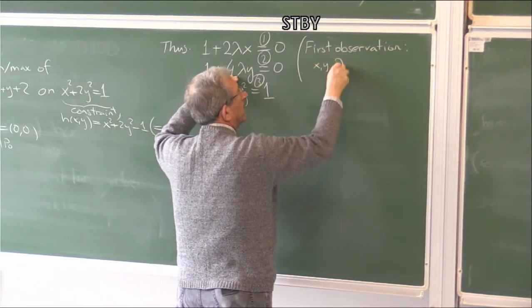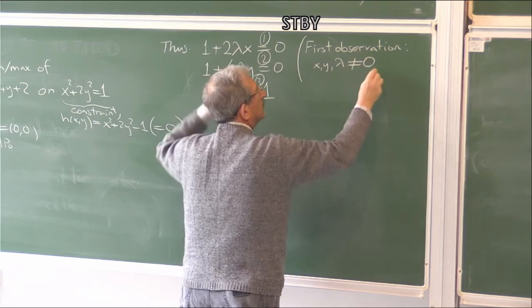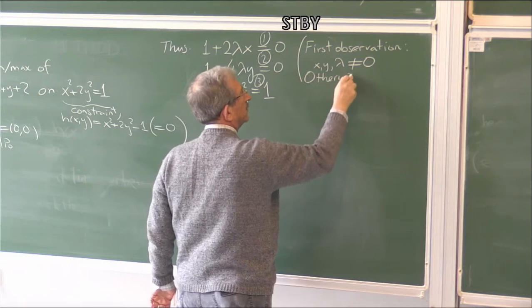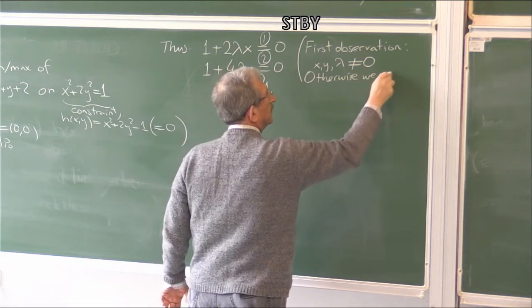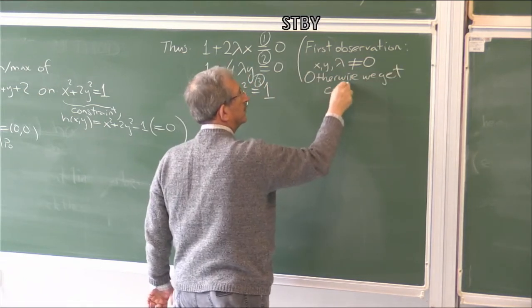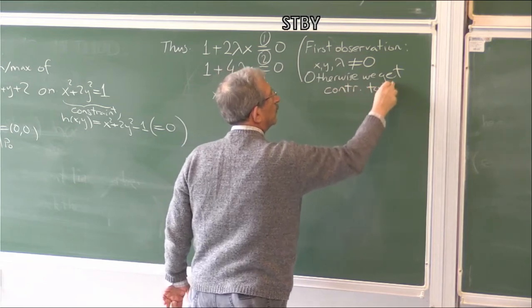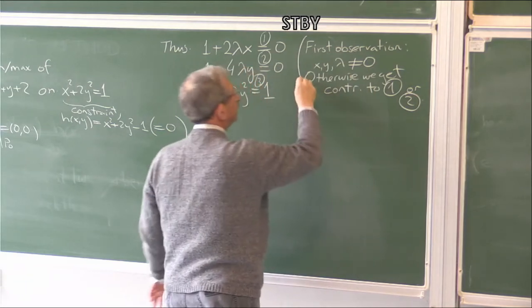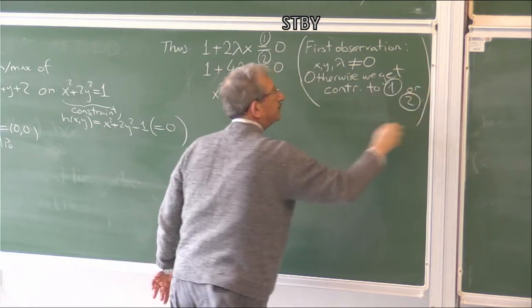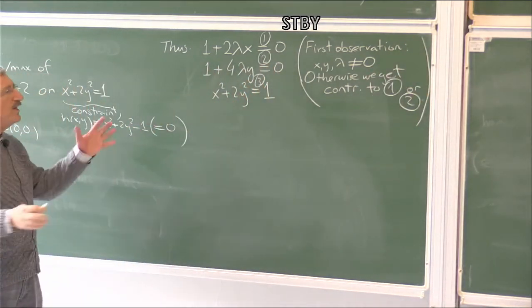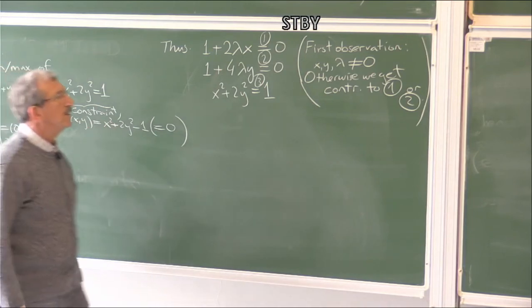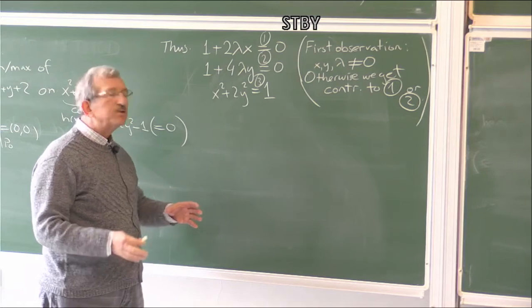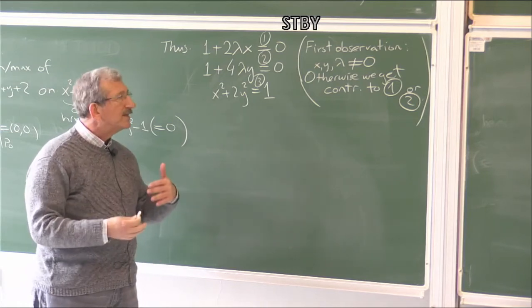Why do we need such observations? Because sometimes we will be dividing by these numbers.